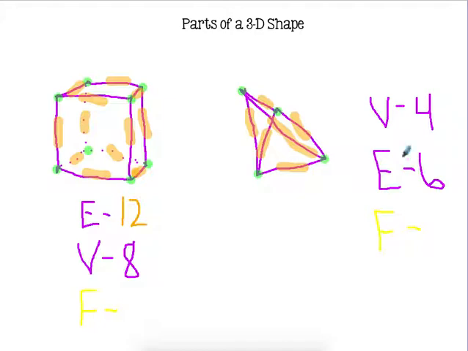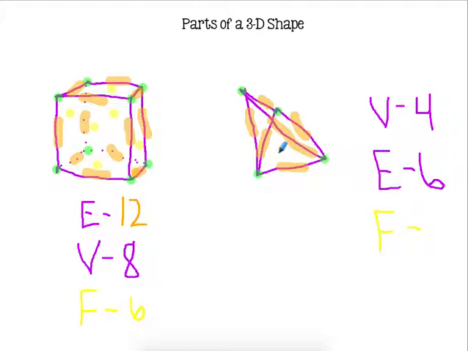But in a 3D shape, you've got lots, because in our cube over here, 1, 2, 3 in the back, 4 on the side, 5 in the bottom, and 6 on top. We have 6 faces. Now on a cube, all the faces are the same. They're all squares. But in a prism, they could be rectangles, they could be triangles, they could be quadrilaterals, pentagon, hexagon, they can change.